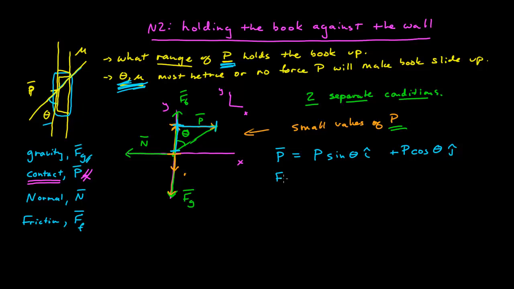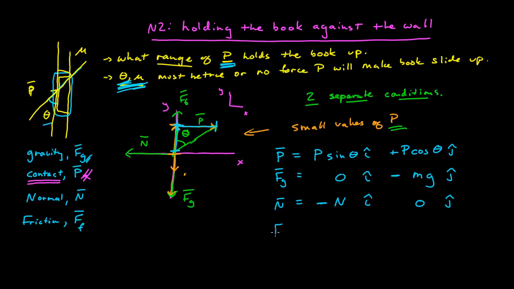My force due to gravity has nothing in the x, but the entire magnitude is along the y. It is a magnitude mg, and from my diagram, that's negative. Then I have the normal force, which has some magnitude in the x direction that from my diagram is negative, and it has nothing in the y.